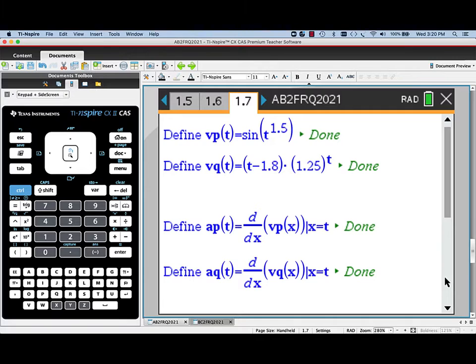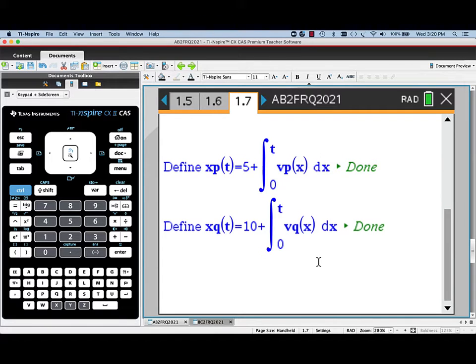And finally, to get the position functions, xp and xq, we use the initial position of each particle, and then we add on a definite integral function from 0 to t of the velocity function for that particle. So that's giving us the initial position plus the change in position up until time t, which will give us the current position of the particle.